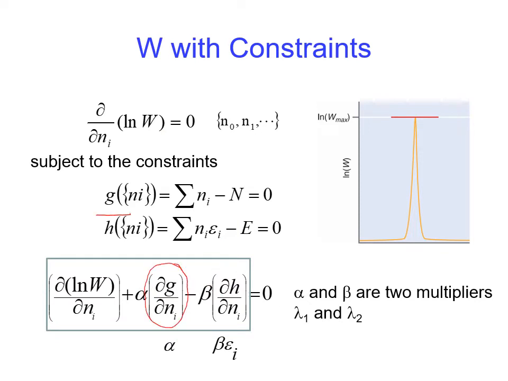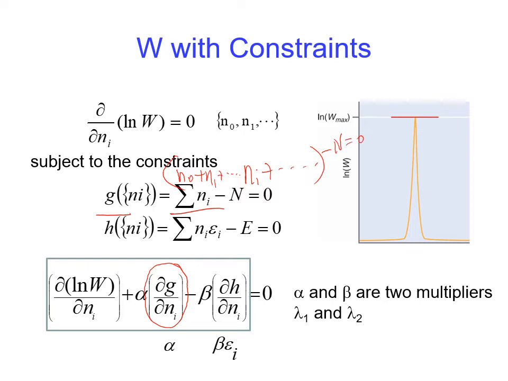So the first constraint is the sum of the number of molecules occupying all the different energy levels. This will be N0 plus N1 plus an arbitrary Ni, and so on over all the energy levels, added together minus N, equals 0.